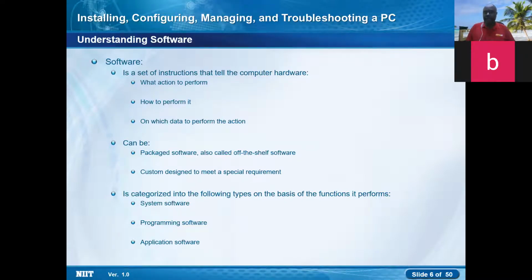And because of that, it tends to behave more intelligently than other devices. Now, this is because a computer system is made up of two components. There are the physical parts, which we call the hardware, and then we also have the parts which are not physical, the parts which control the hardware, which we refer to as software.